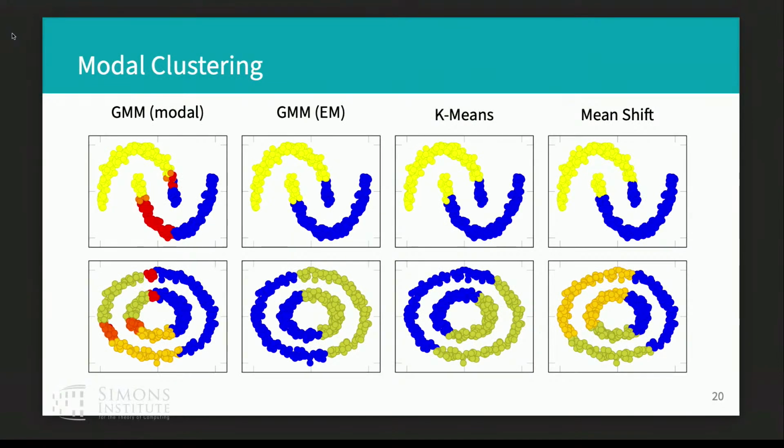Okay, so just to show another illustrative example, we run this mode clustering, and we are comparing the difference between doing clustering using the modes and doing clustering EM style, the typical way that people do. All these models actually have two components, but you can see that the ones in the first column, which are doing mode clustering, actually have more components.